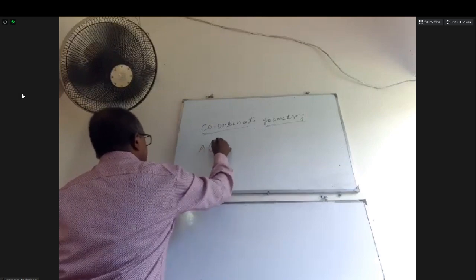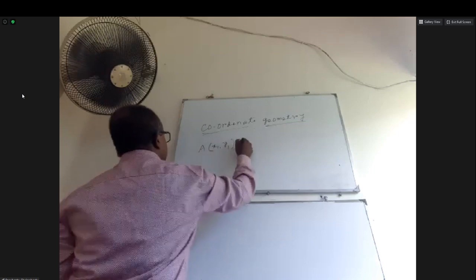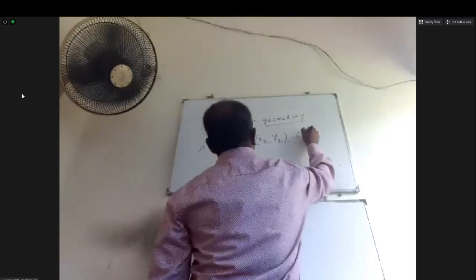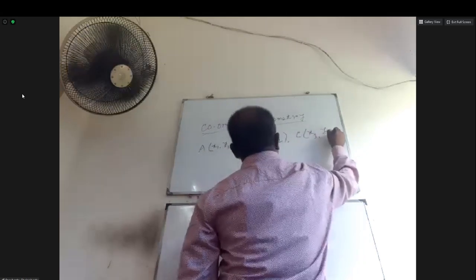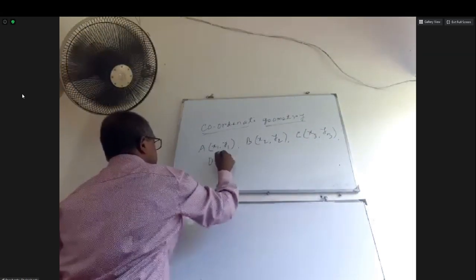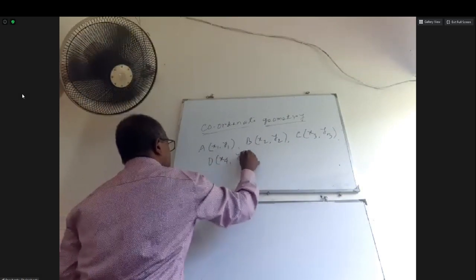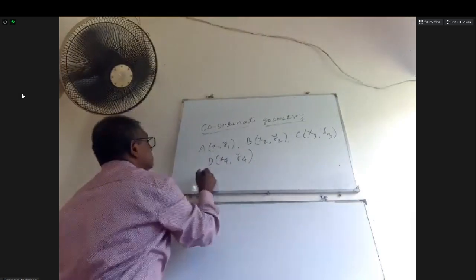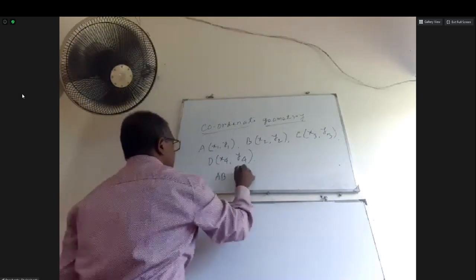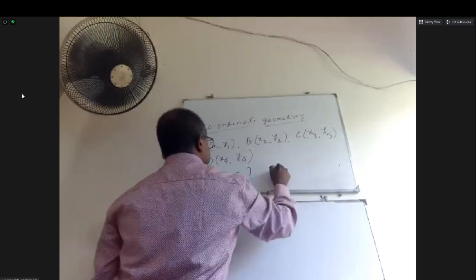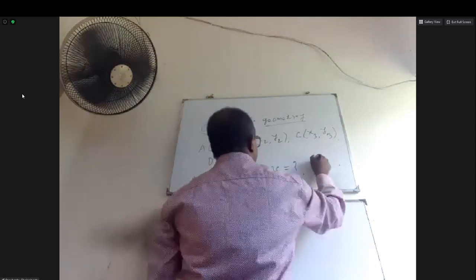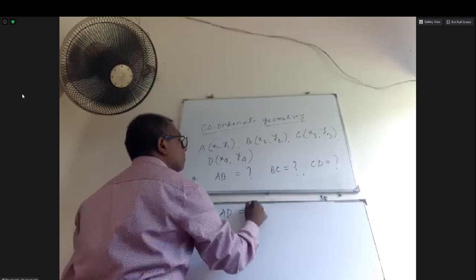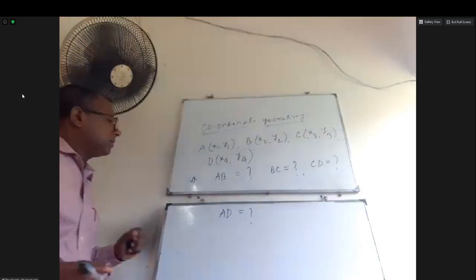The 4 points are A (x1, y1), B (x2, y2), C (x3, y3), and D (x4, y4). Firstly, we have to determine AB, BC, CD, and AD, and diagonal AC and diagonal BD.